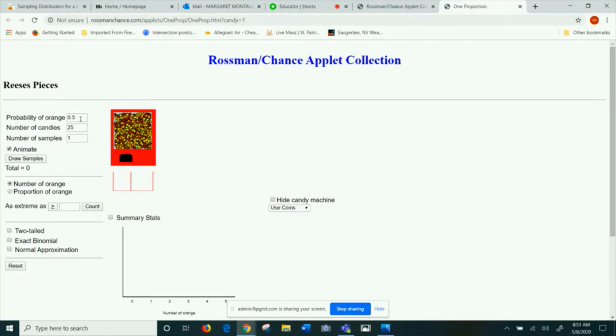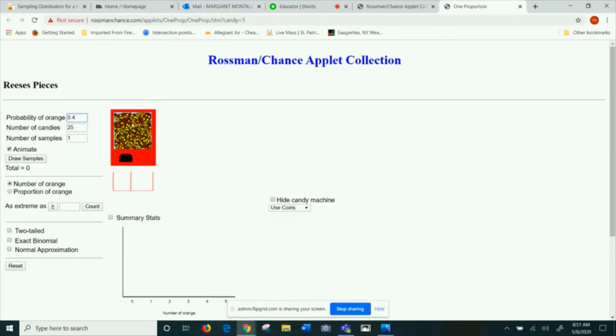When we look at the bag of beans, 40% of the beans are red. The probability of orange right now is set to 0.5, and I'm going to change that. Instead of thinking of this as probability, think of it as the percent of orange. I want to make the percent of orange the same as the percent of red, which is 40%.